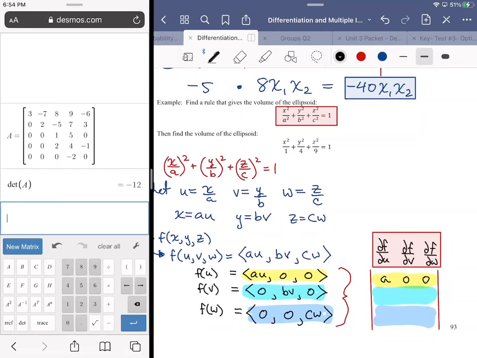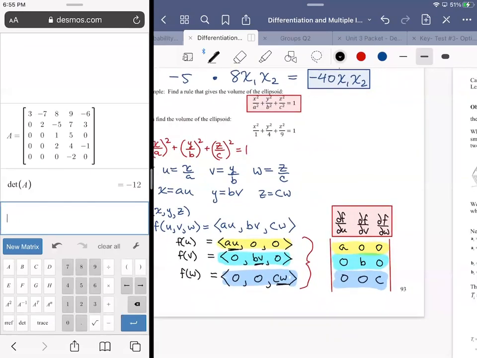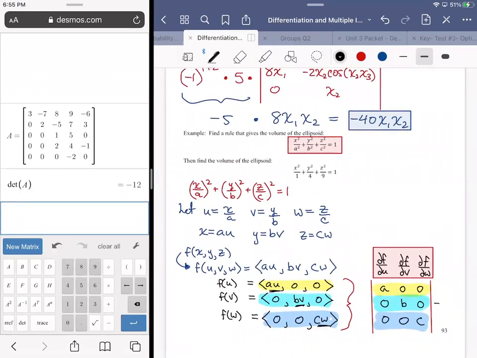All right. In the second case, zeros go to 0. The derivative of bv with respect to v is going to be b. In the last case, zeros go to 0. The derivative of cw with respect to w is going to be equal to c. All right. And so from this, we get a determinant of abc. All right. So I'm just going to move some things over here.